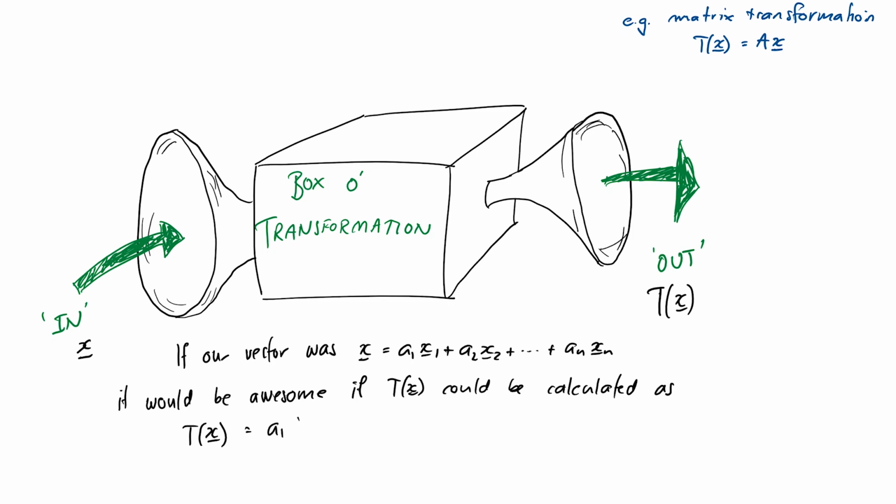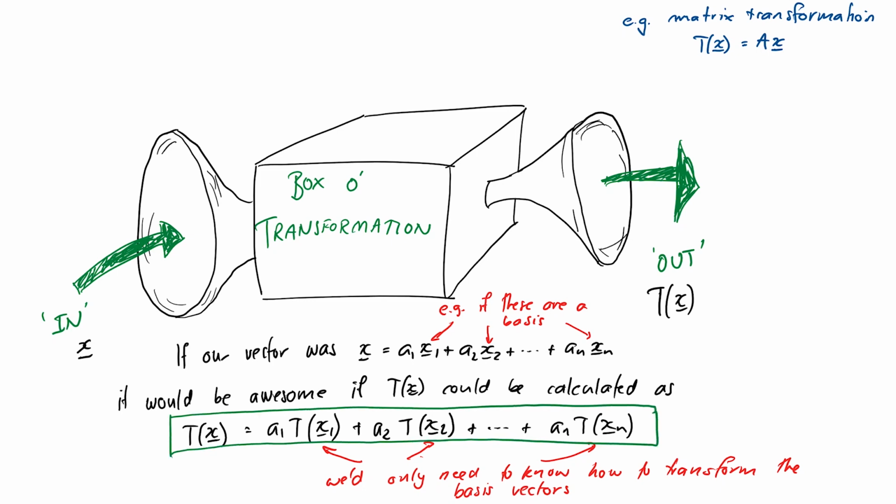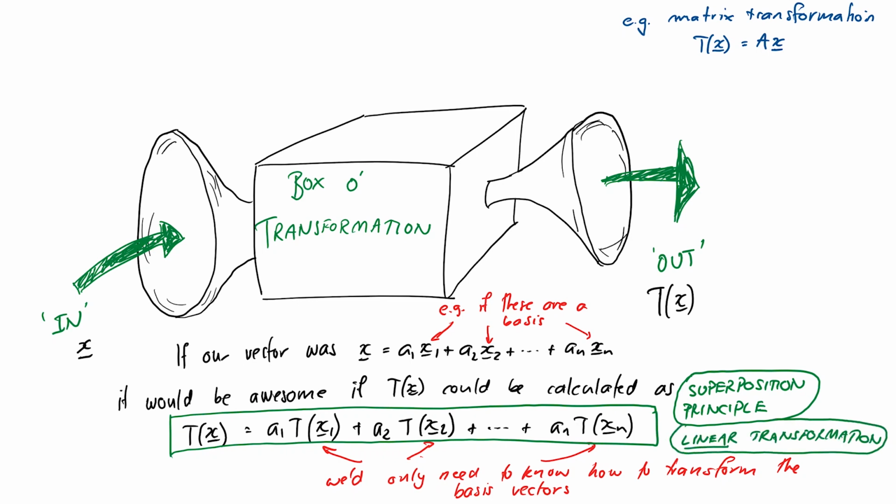For example, if T of x was actually just equivalent to a1 T of x1 plus a2 T of x2 through to ak T of xk, that could potentially make life a whole lot easier for us, because if those xi's were basis vectors, for example, we'd only need to know how to do our transformation on just those vectors, and then any other vector could just be built out of linear combinations of those transformed ones. So transformations that have this property, we say obey a superposition principle. And these transformations are called linear transformations.